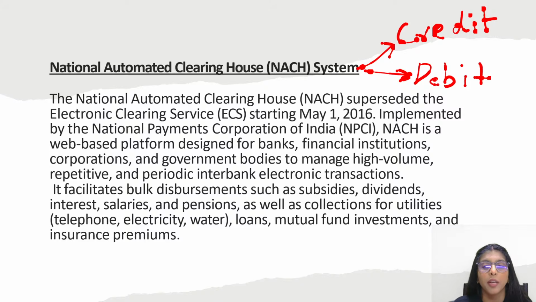In NACH credit, you are providing. In NACH debit, you are collecting the money, like EMI deduction, insurance premium, SIP installment. It's basically from many accounts to the one institution. Collecting basically.